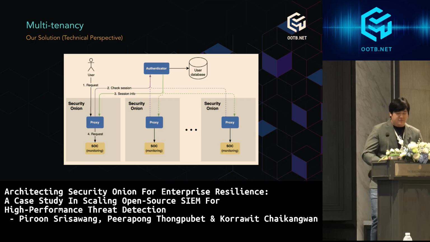The result is the user can log in once and then move seamlessly across multiple tenants they are authorized for. Meanwhile, each tenant still keeps its data isolated and Security Onion continues to function as intended without deep code changes.